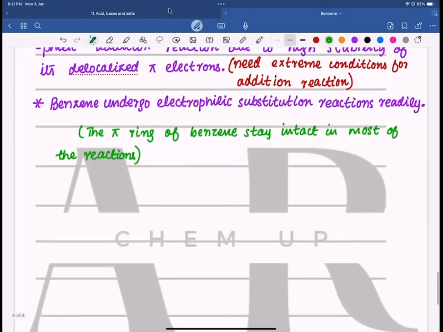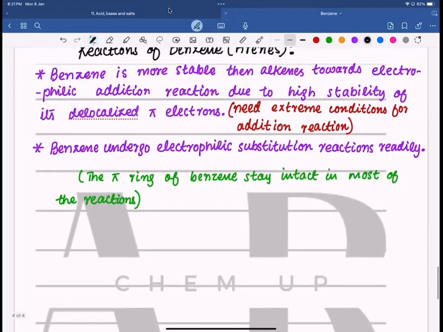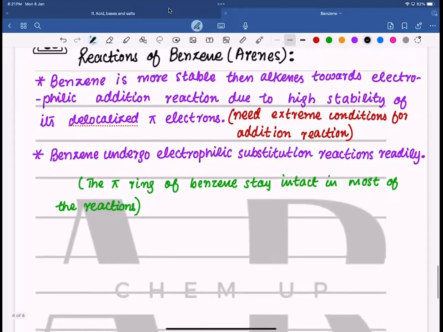You are not noting down? So we are going to start with electrophilic substitution in benzene.